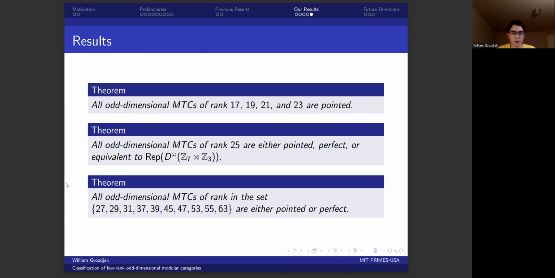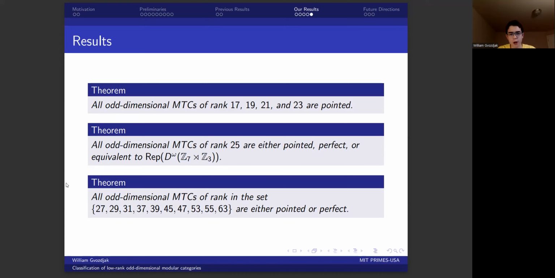In combination with the result that Chanky and Plavnik showed in their paper, that odd-dimensional MTCs of these ranks must be pointed or perfect, we completed the classification of odd-dimensional MTCs up to rank 23. This also shows that the example of the non-pointed odd-dimensional MTC shown in the paper by Briard and Rowell that we discussed in the beginning of the talk is the lowest ranked non-pointed example of an odd-dimensional MTC.